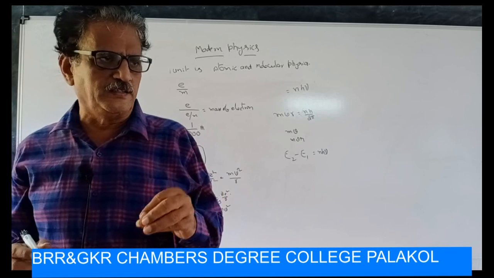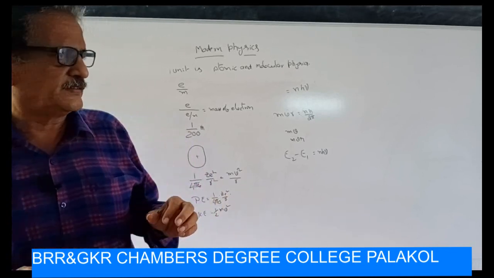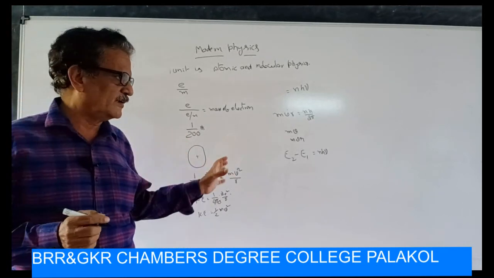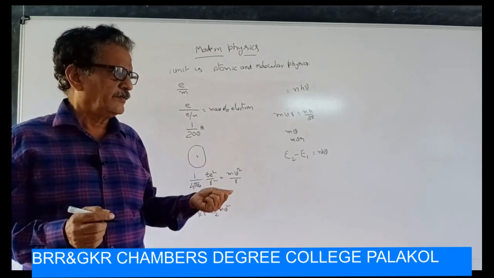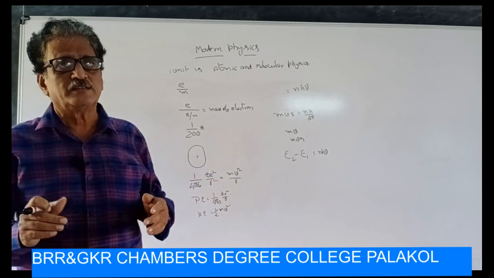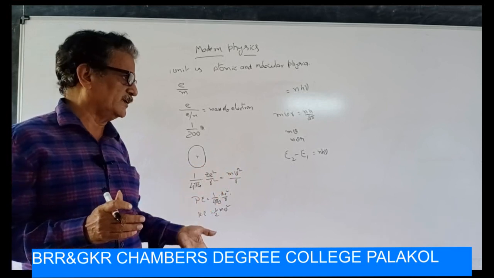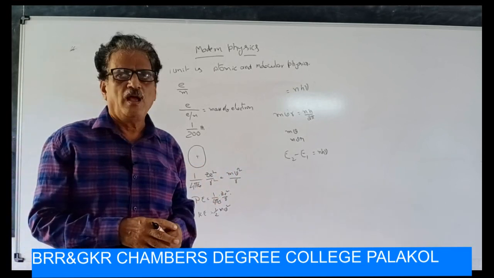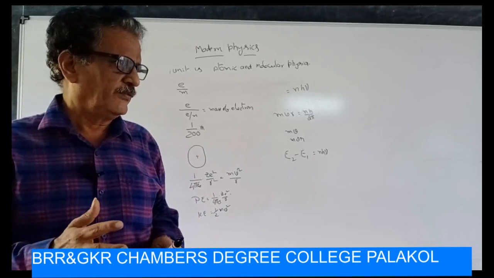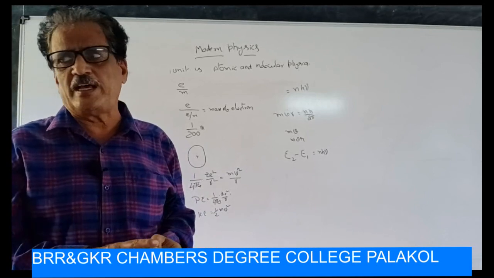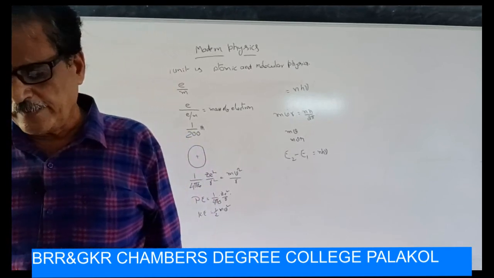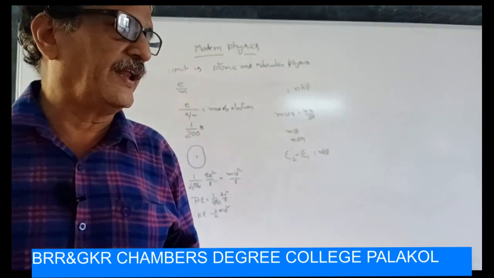The reason for this is there are many sub-energy levels in the principal orbit. Then only we can explain the fine structure. There is no such possibility in this Bohr model. Also, the Bohr model failed to explain the arrangement of the electrons in an atom.